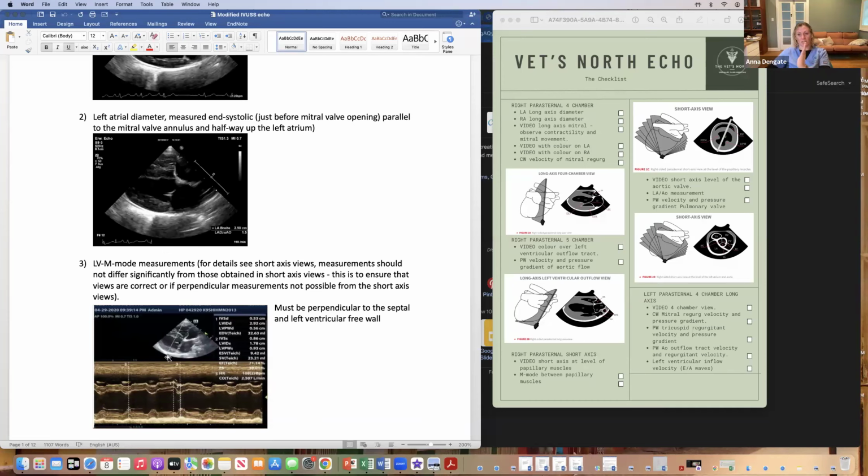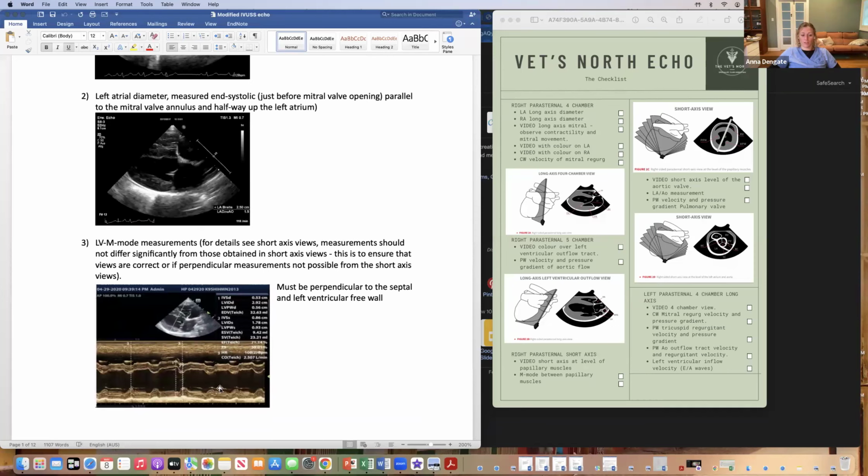So find the position, move your probe position around until you can find a position where the line for your M mode is really parallel with that valve. Then we're going to do M mode, and we're going to measure the internal diameter of the left ventricle. Or you can do a whole M mode study on this if you want, but the only measurement that we're recording in our form at the moment is the internal diameter.